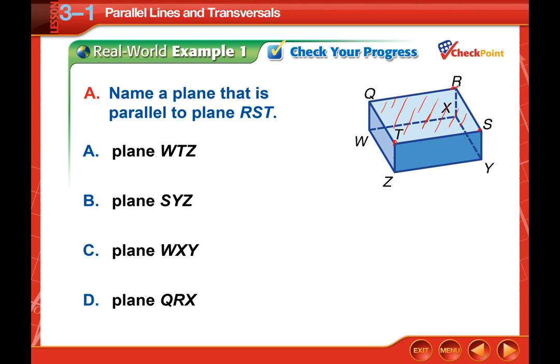It's actually going to be the bottom of the box. So I need to see some combination of W, X, Z, or Y. Okay, T is not contained in that. S is not contained. Q, all of those are from the top level of the box. So our answer is C, plane W, X, Y.